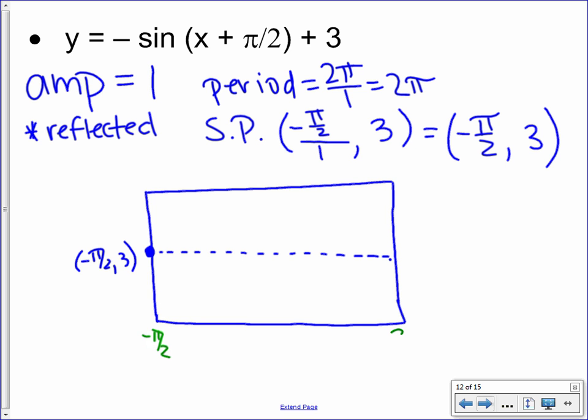Then we're going to split it in half. What is in the middle of negative pi over 2 and 3 pi over 2? It's a midpoint, so we can add those two numbers together and divide by 2. What is negative half plus 3 halves divided by 2? 1 half. So we're at pi over 2.